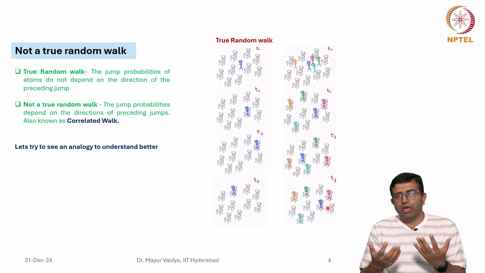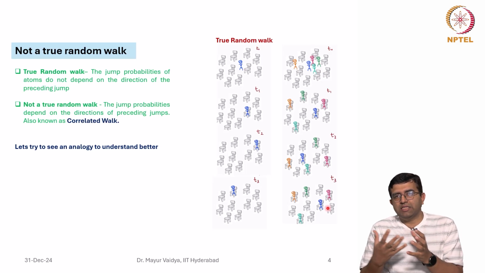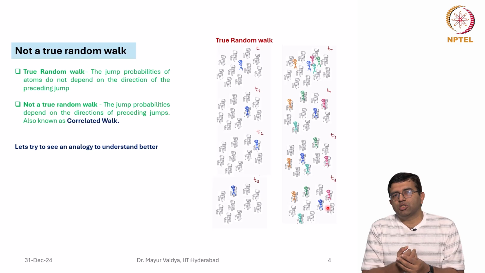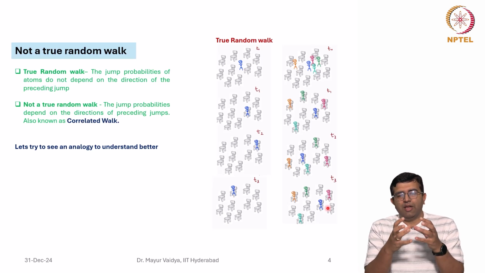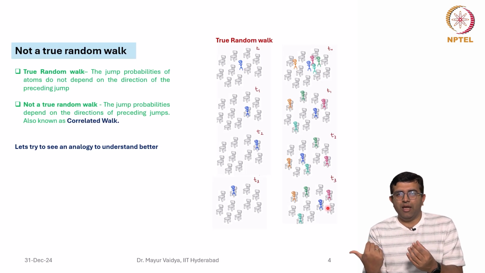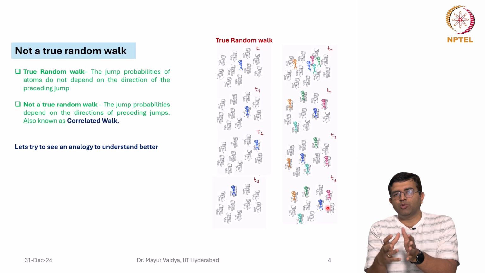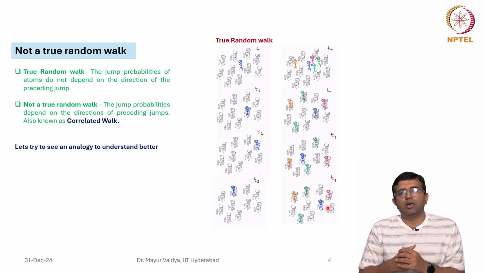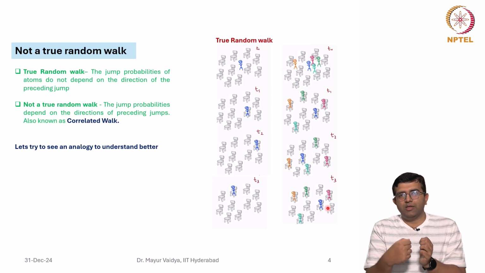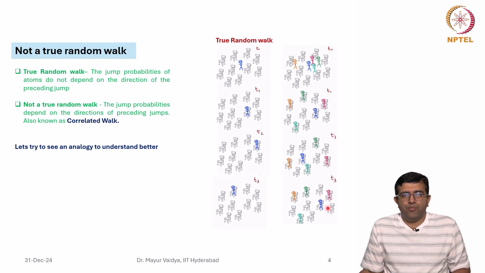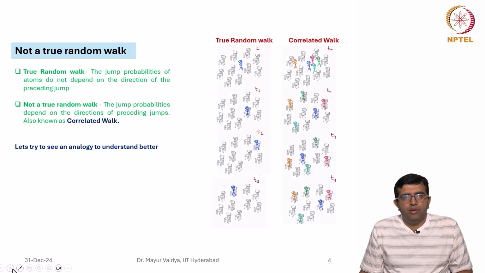In a similar way, when you have the vacancy mechanism operative, I will show you a couple of slides later maybe, when an atom jumps into a vacant site, it leaves a vacant site behind. So the probability that the atom will jump to that vacant site is much higher than the probability of the atom jumping to any other site. So this type of walk is known as a correlated walk.